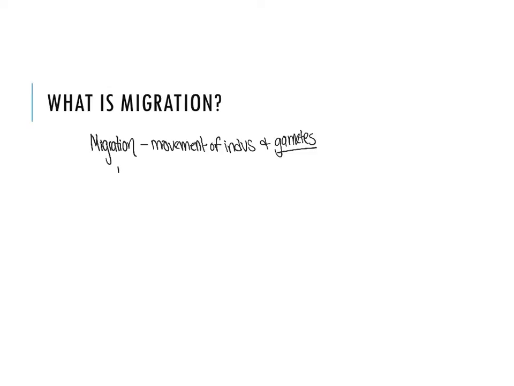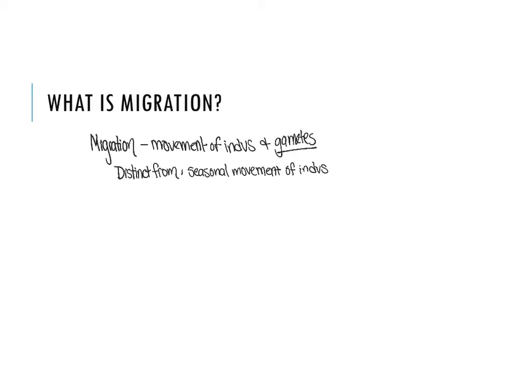So this is distinct from seasonal movement of individuals. If you disperse but then come back to the same place every year to have your offspring, then your gametes aren't changing location, right? They're still part of the same population.